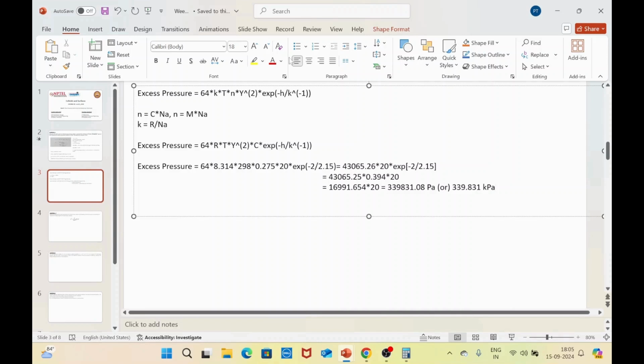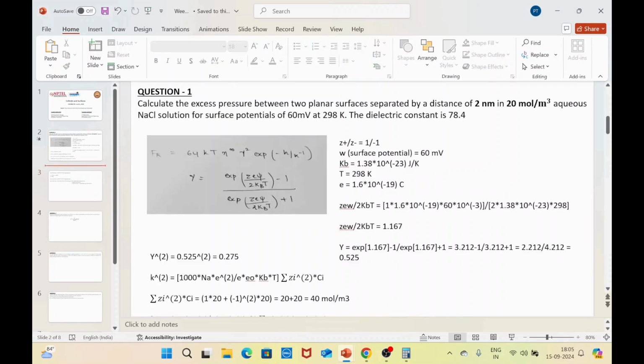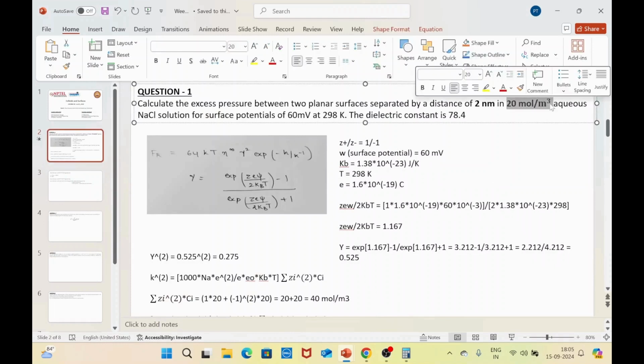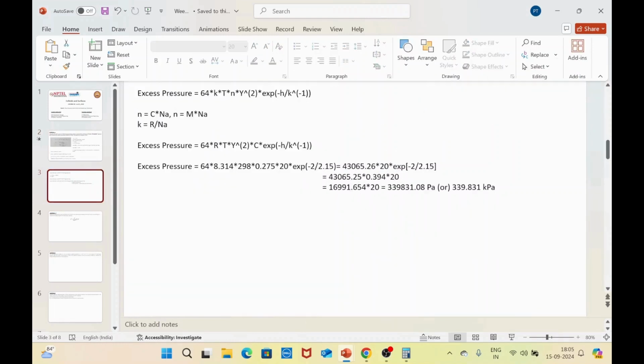So we didn't multiply that 20, which is nothing but the bulk concentration of the electrolyte. So any doubts?